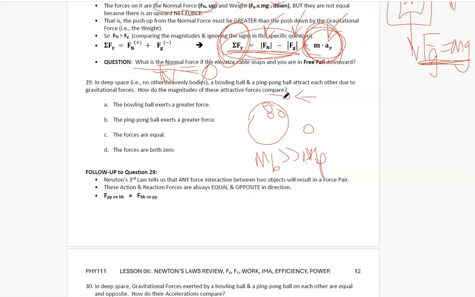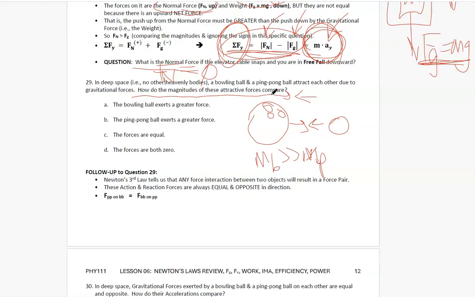So the question is, and I'm going to actually separate these a little bit further here, let's say the ping pong ball is out here. They're going to be drawn towards each other. And the question is, how do the magnitudes of these attractive forces compare? Because the ping pong ball is attracting the bowling ball, and the bowling ball is attracting the ping pong ball.